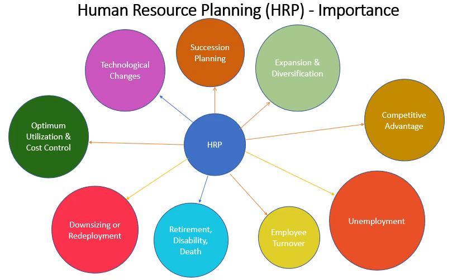Now, the next importance of human resource planning is employee turnover. Human resource planning is important because companies face the problem of employee turnover. It's inevitable because in every company employees are leaving and coming. Employee turnover is nothing but the number of people leaving the organization in a year.